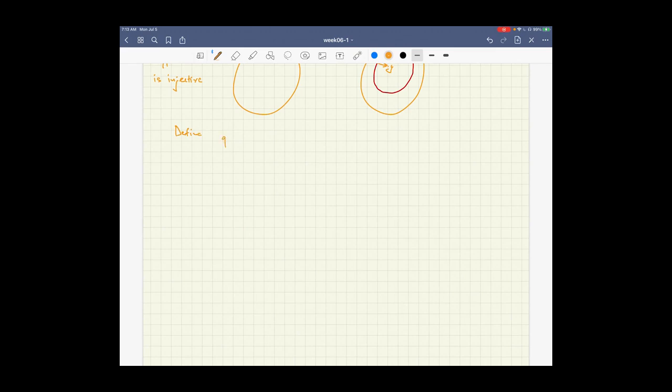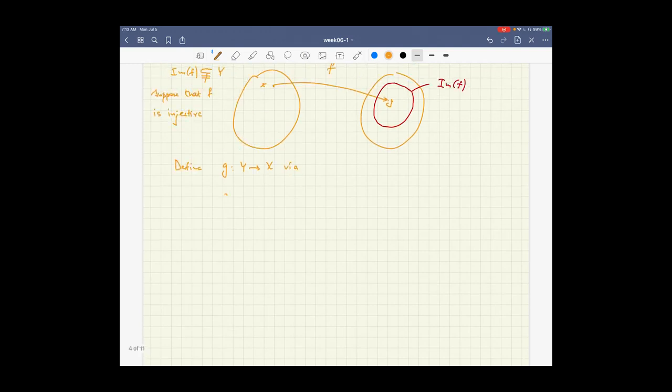let's call it g, from y to x via the following formula.